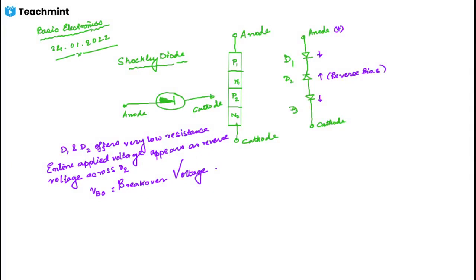The forward current is determined by the applied voltage and external load resistance. This behavior of the Shockley diode is indicated in the VI characteristics. Now, when the Shockley diode is in reverse bias, that is, anode is negative with respect to cathode, we are making anode negative and cathode positive.